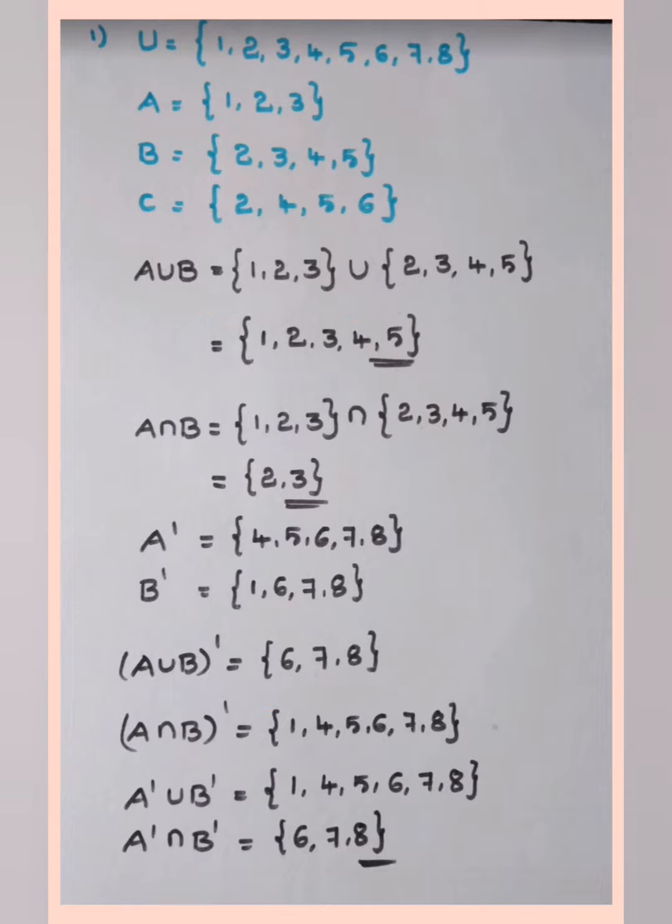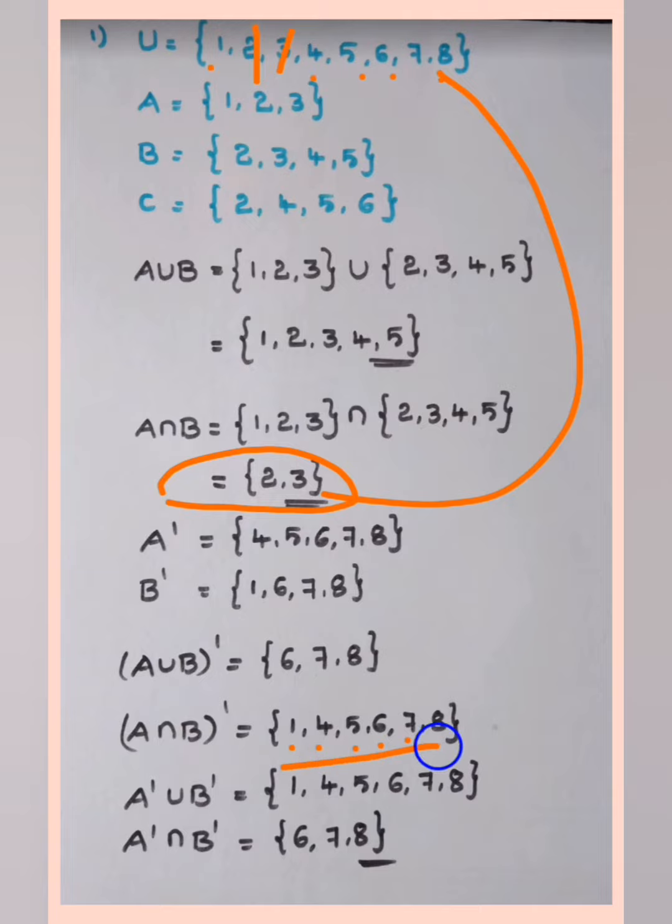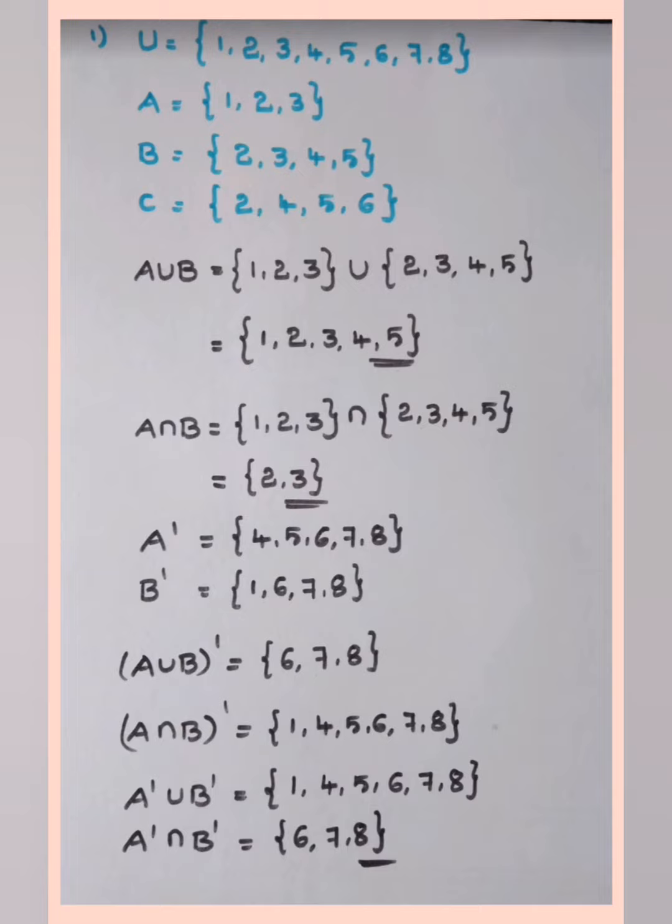If it is (A intersection B) whole dash, compare A intersection B with the universal set. 2, 3, cancel the common elements, and the remaining elements in U, that is 1, 4, 5, 6, 7 and 8, give us (A intersection B) whole dash.